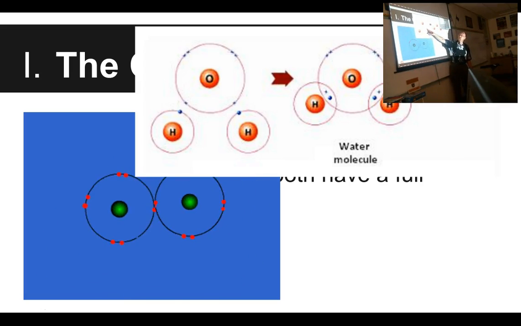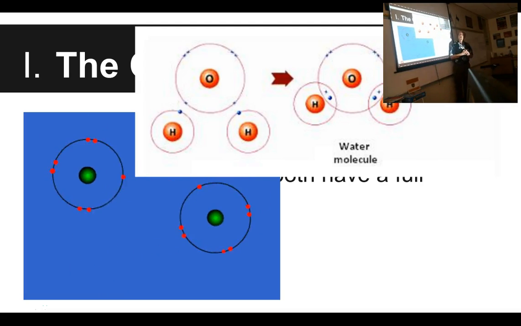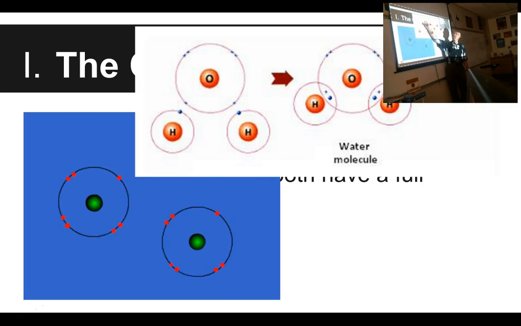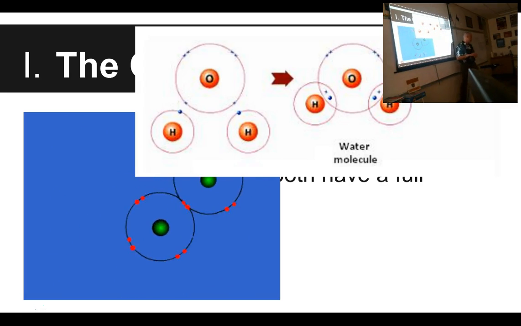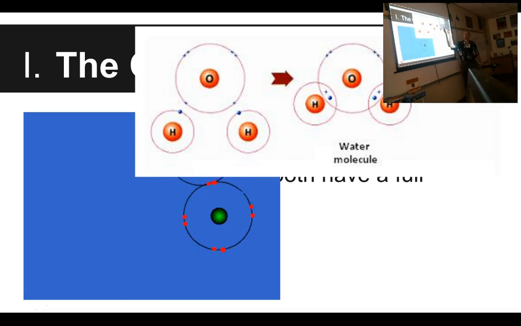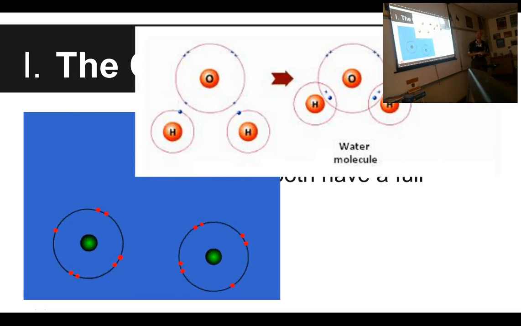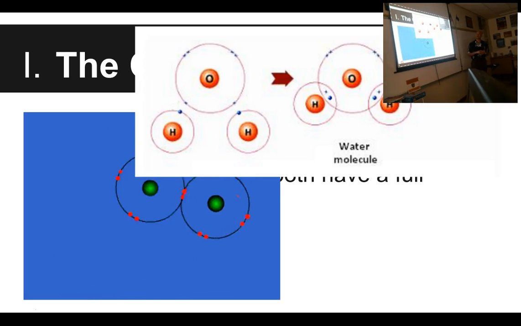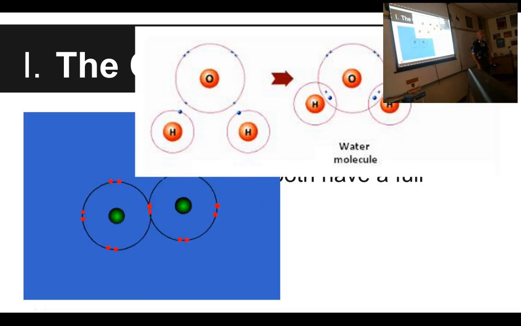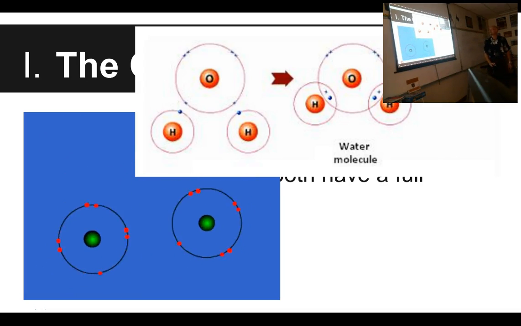Hydrogen here shares with this other unpaired electron from oxygen, and you have 2 and 2 and 8 when they all look at their electrons together. So these are shared, and the water molecule is a covalently bonded molecule. Oxygen feels like it has 8, hydrogen feels like it has, sorry, 2, right? They all are satisfied.